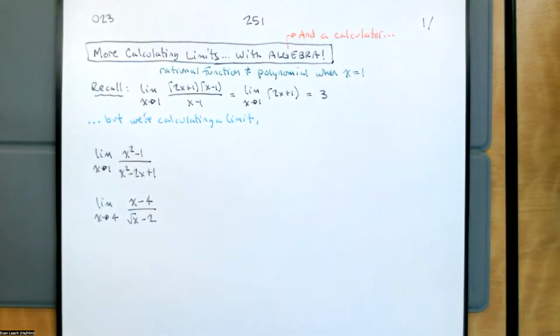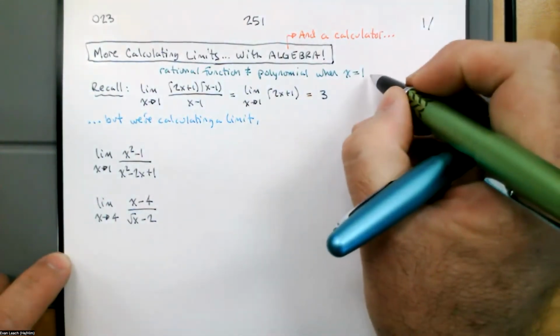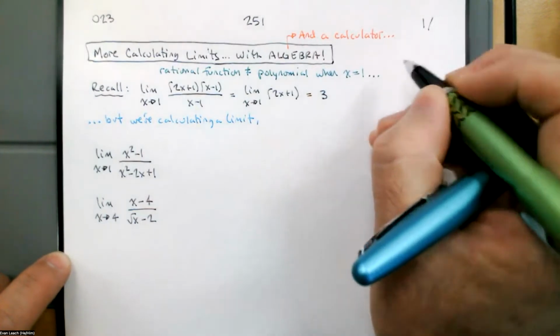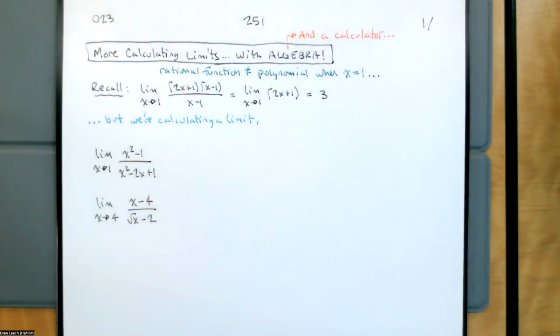So the rational function is not equal to the polynomial when x is equal to 1, but we're calculating a limit. So we're only concerned with values close to 1, not 1 itself.